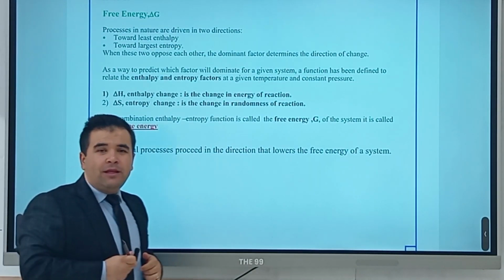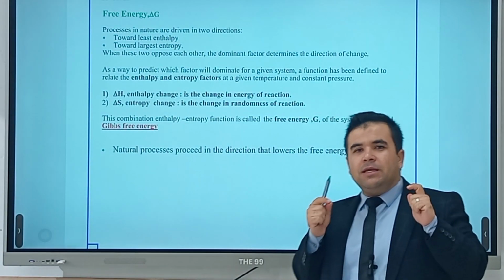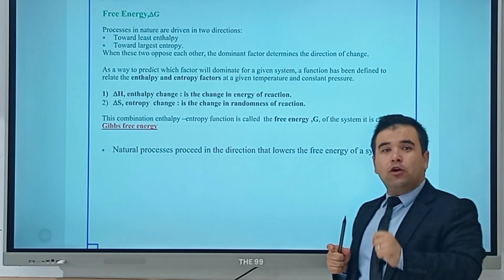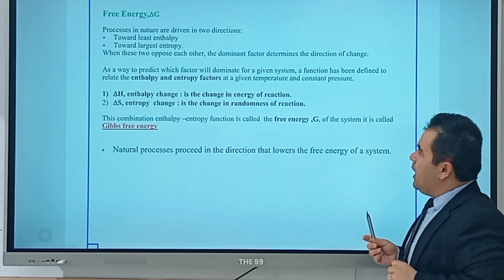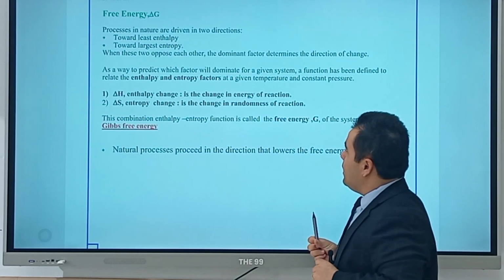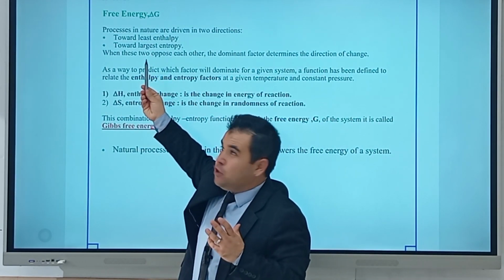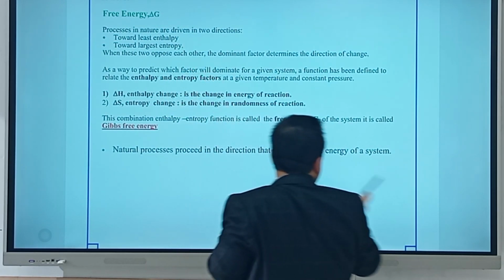According to the entropy, again, I would like to remind you that the favorite direction is positive entropy, and according to enthalpy, the favorite direction is the negative enthalpy. So processes in nature, we reach to the free energy. We'll be talking about the Gibbs free energy, are driving in 2 directions.